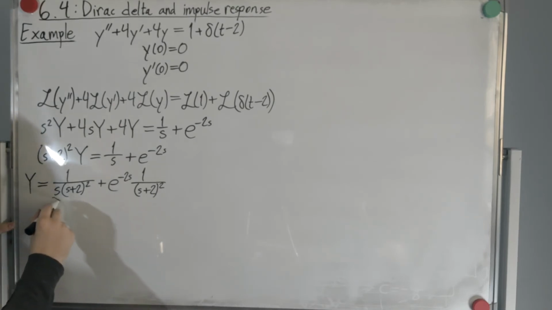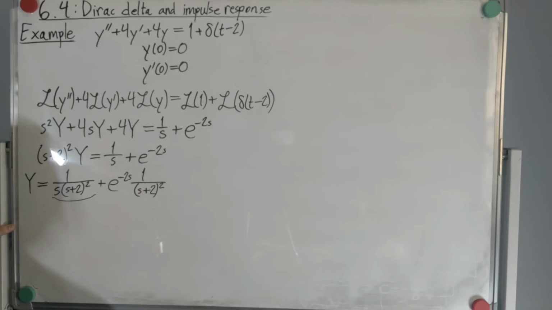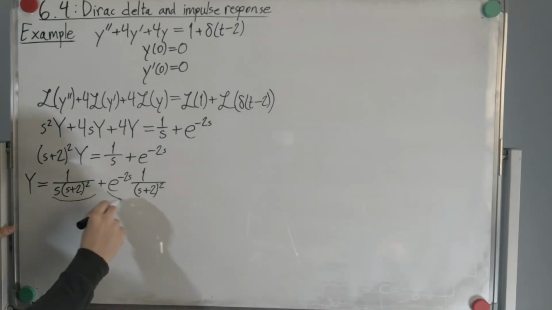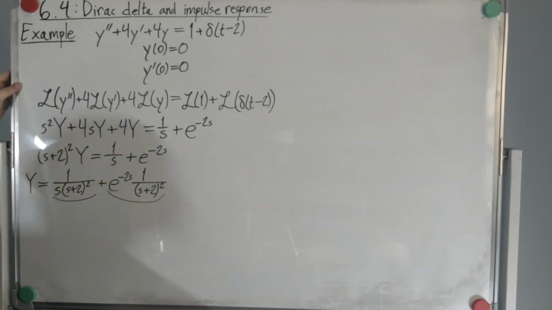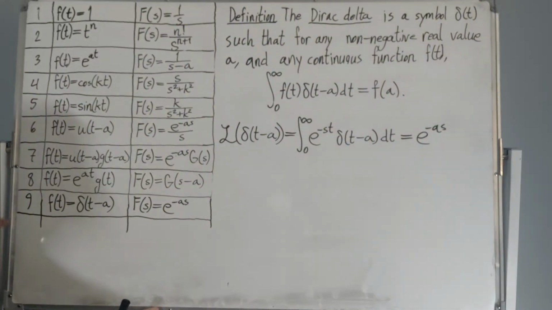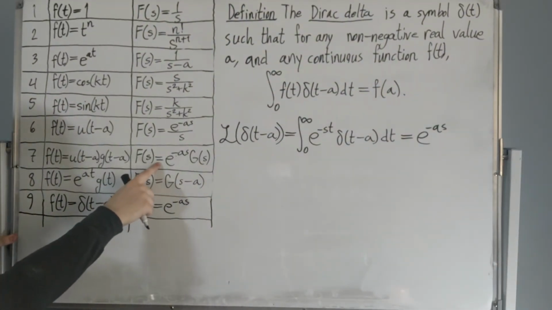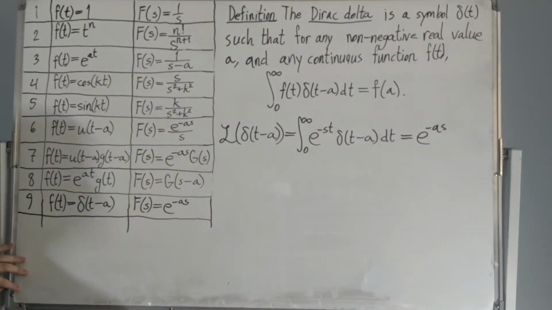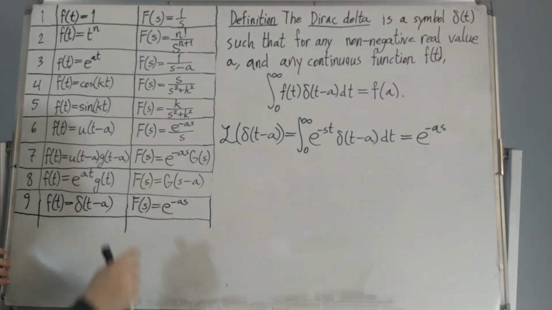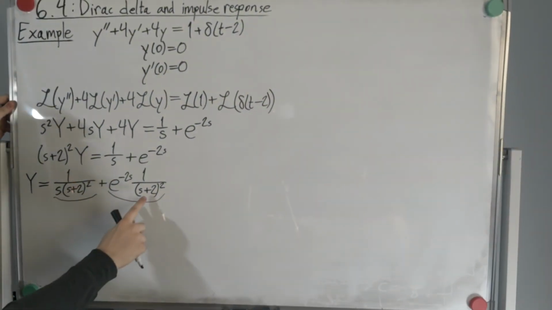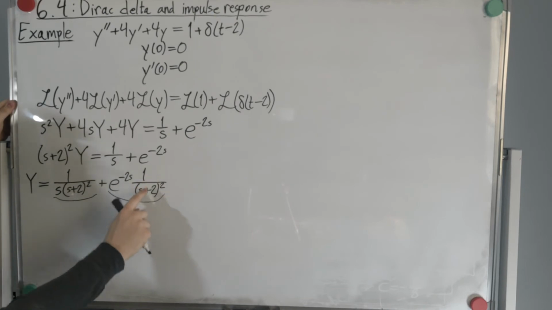This one we'll do by partial fractions. This one is going to involve rule 7 from the table because it has an exponential. And it's also going to involve rule 8 because it's a shifting of a function that we know, 1 over s squared.